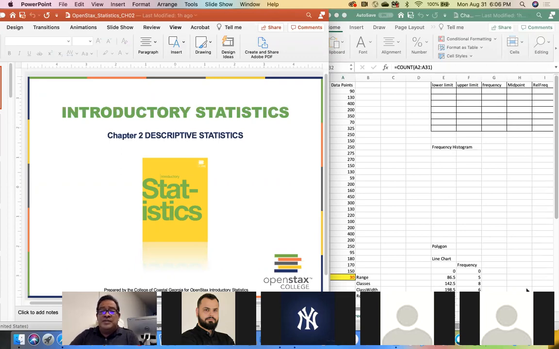So I have a bunch of numbers. Those numbers, I don't know what they are. So it can be anything. So we can do some arrangements of the data, and we can present it in such a way that we can be more effective in describing the problem that we need to describe.